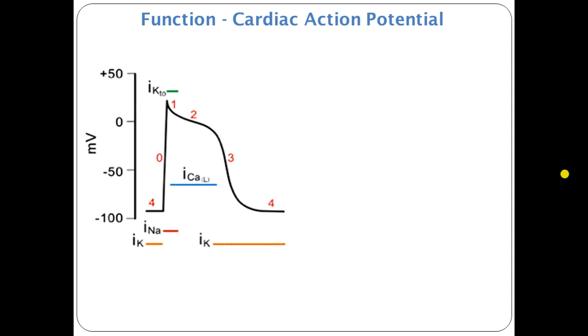Now we see the function of calcium in the cardiac action potential. Cardiac tissue is of two varieties. One is either ventricular myocytes or atrial cells, and the other is the SA node or AV node. Here in the myocytes, the calcium ion is responsible for the plateau phase of the action potential. If you remember the physiology of the cardiac action potential, it has four phases.